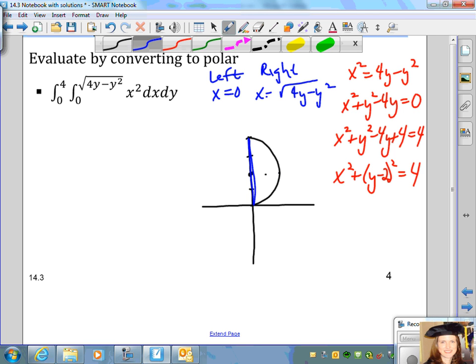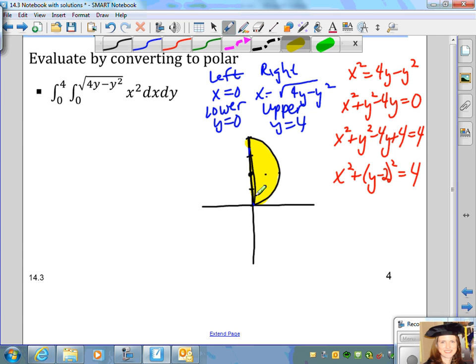Now looking at our bounds for y, your lower bound for y would equal 0, and your upper bound for y is equal to 4. Again, I get that from the outside bounds of integration. So the region that is defined by those bounds is this right half of the circle.